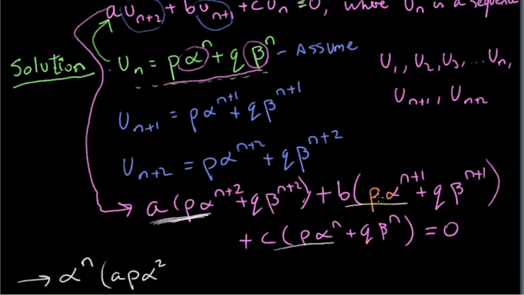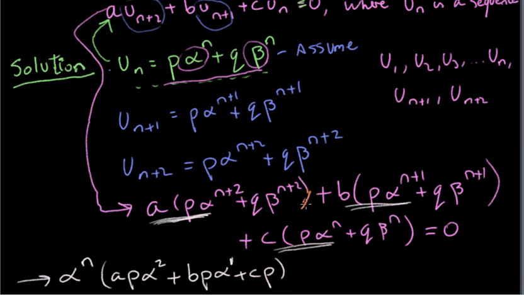We also want to get this term, so we'd write down bp times alpha to the power of 1, because if you multiply alpha to the n by alpha to the power of 1, we get alpha to the power of n plus 1. Okay, so we will get this term. And finally we want to get this term, so we just put cp here. We just have alpha to the n times cp, giving us this term.